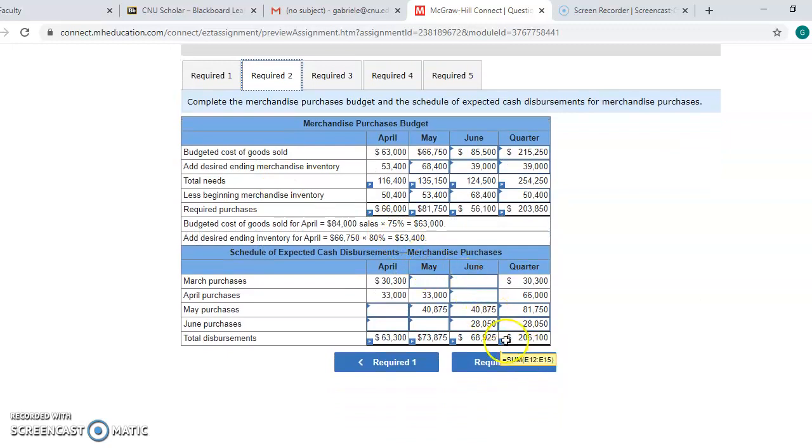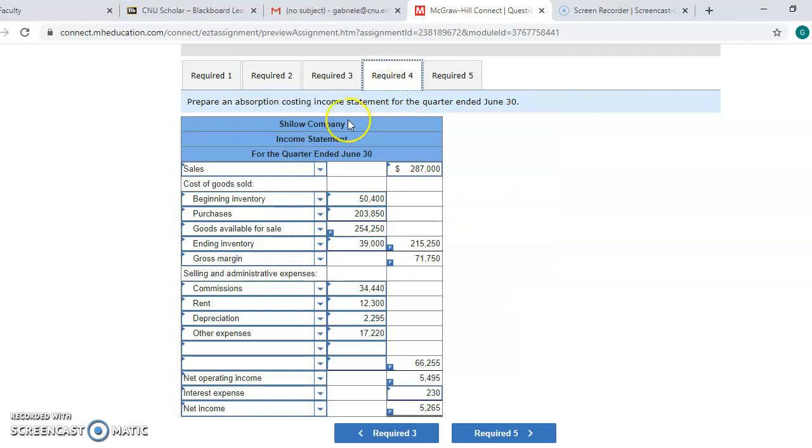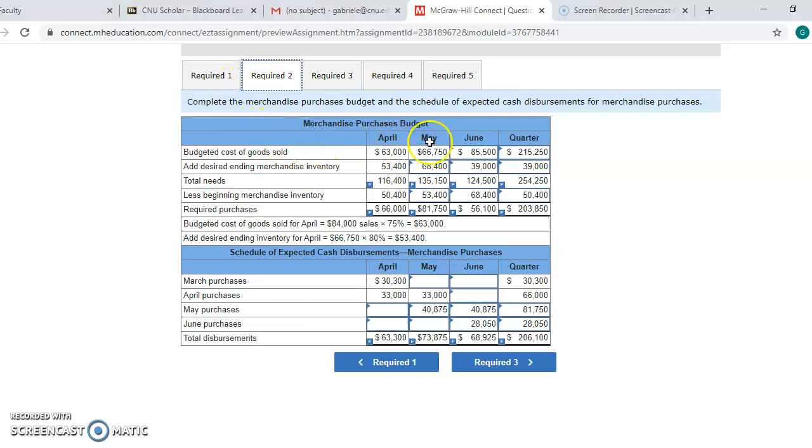Our purchases for the quarter are 203,850. Let's make sure this is right. So again, the beginning inventory, the ending inventory, and the purchases come from your required number 2, the merchandise purchasing budget.